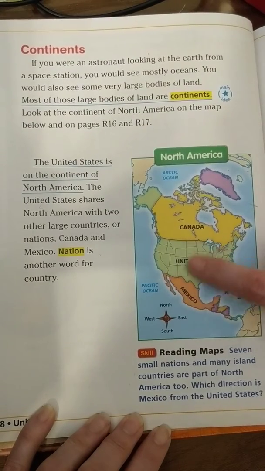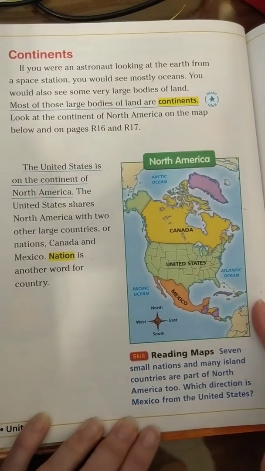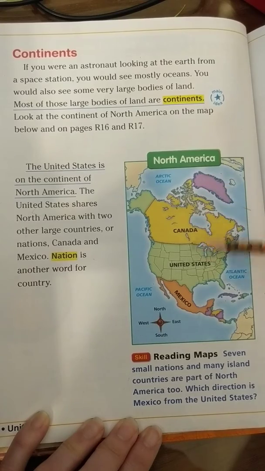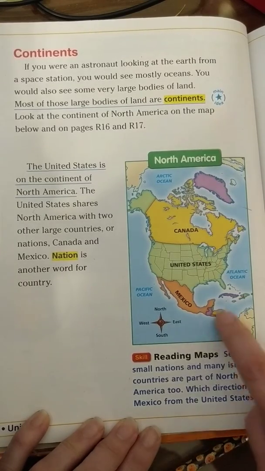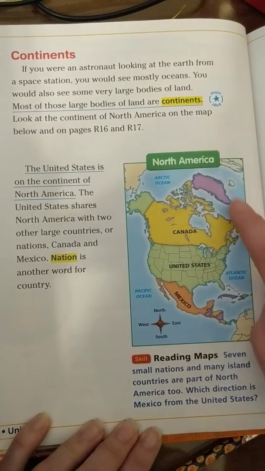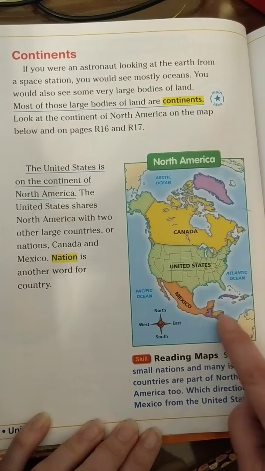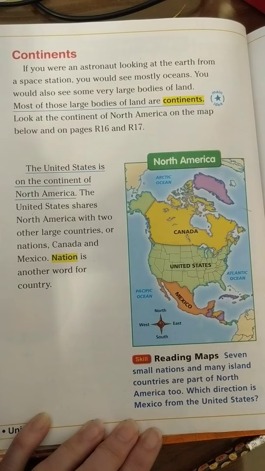Which direction do I need to go to get to Mexico? Okay. So on our continent, we have our 2 big countries that we share with, Canada and Mexico. And then we also have 7 smaller countries that we share it with. They didn't tell us the names of these, but this one is Greenland here, and I know that's Cuba. And then there's some other names of countries here that I can't remember off the top of my head, but there are 7 of them that we share it with.